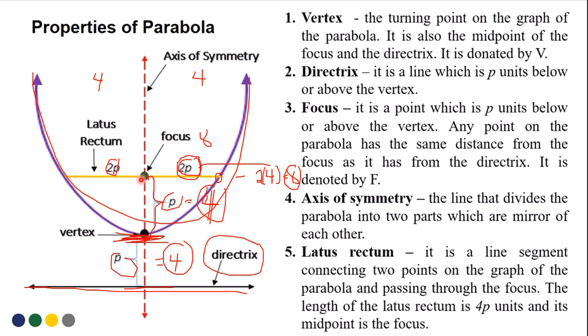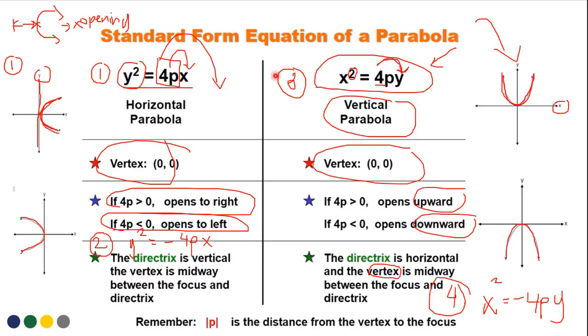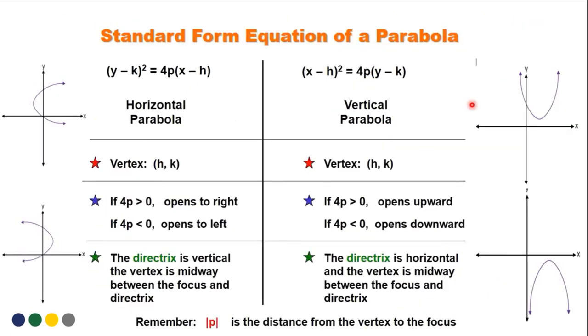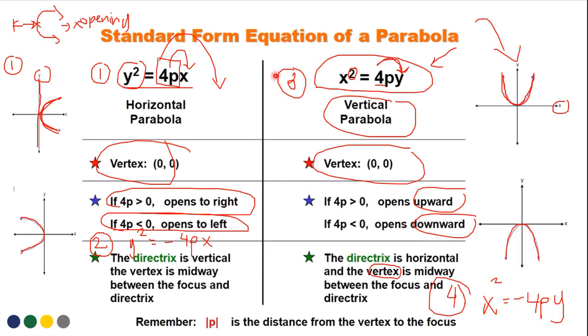Then if the right wing has 8 units, it should be 8 units also for the left wing. Sorry. So we still have the vertex at 0, 0. And again, the value of p is always positive. The distance from the vertex to the focus is always positive.